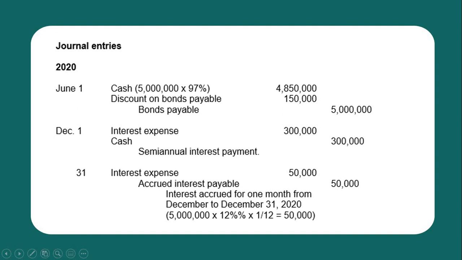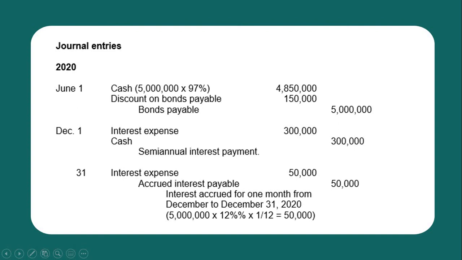On December 1, there was an interest payment. The rate is 12%, an annual rate. Therefore, the semi-annual rate is 6%. 6% of 5 million is 300,000, so the interest payment on December 1 is 300,000. The entry is debit interest expense and credit cash for 300,000.